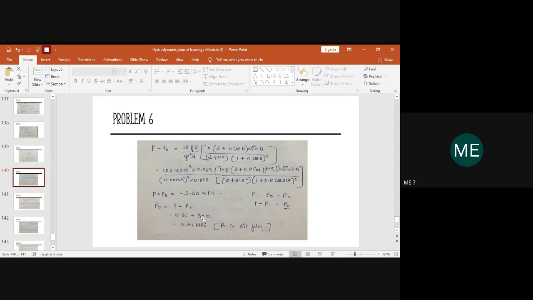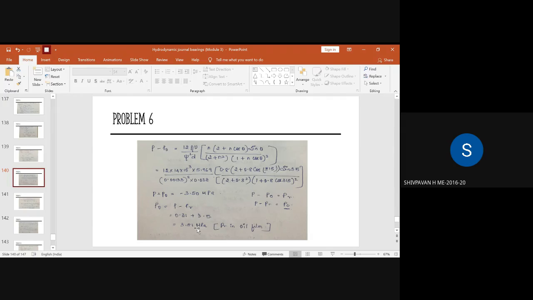If you have got 3.49, you can write it as 3.49 only, not a problem. When we add these two, we will get the value of the pressure across the oil film. So everyone calculate and tell me what is the pressure across the oil film we get. Are you getting 3.81 or 3.82? Kindly let me know.